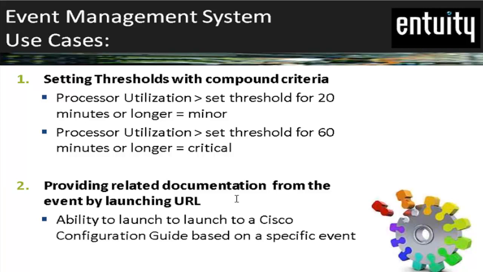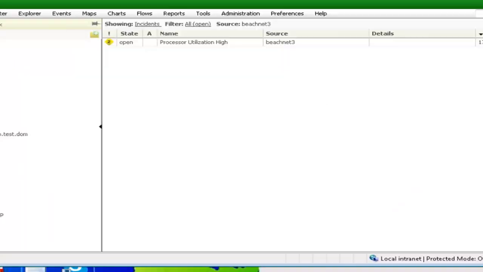When that incident comes in, you'll be able to click on the URL, and that will take you to a quad configuration guide within the same workflow. Okay, so let's go ahead and do that now.